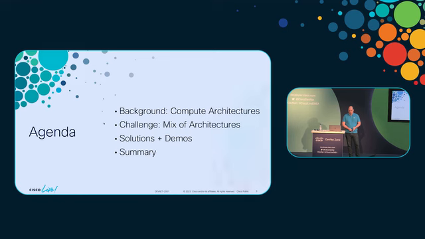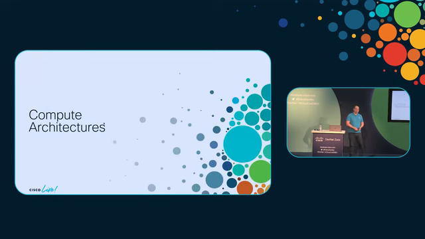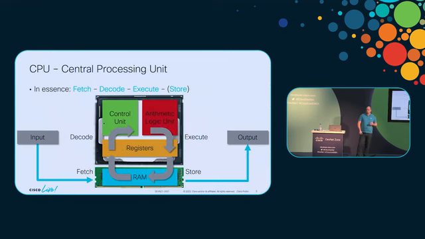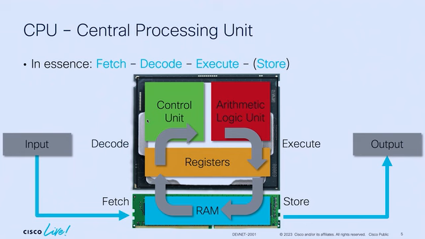So, taking that step back to compute architectures, in essence, this is what the CPU is doing. It's a lot more complicated today, with a lot more optimization, but it has been like that from the start, and actually it is still like that.